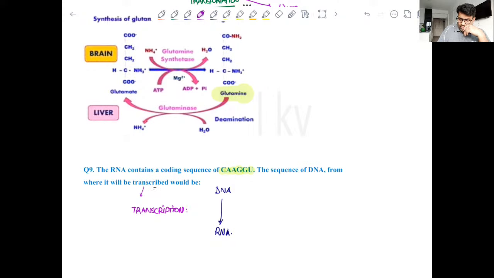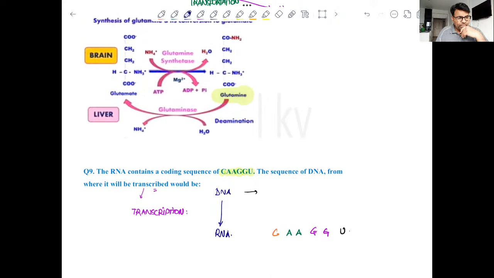So it means we are having the RNA sequence, and that is like C, A, G, G, and U. Now we have to put the DNA sequence from which this RNA sequence will be taking place. Now here you need to remember few things.